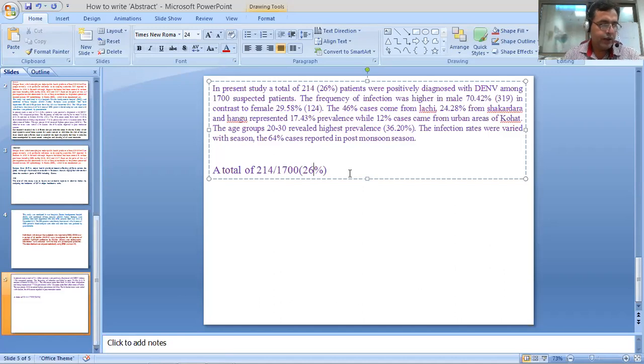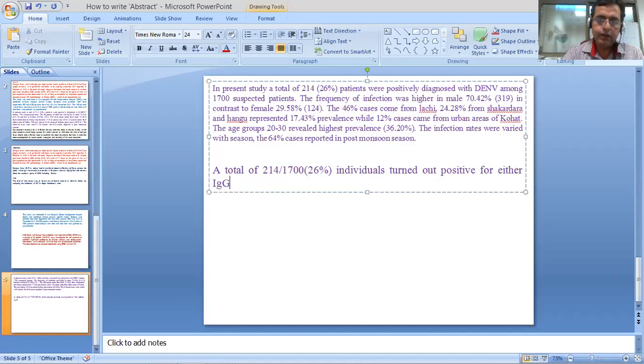And a total of these individuals turned out positive for either IgM or IgG.